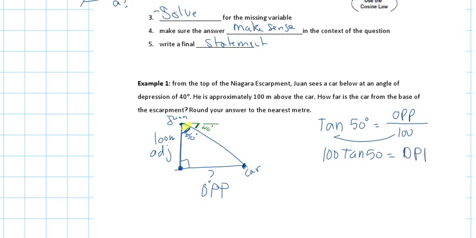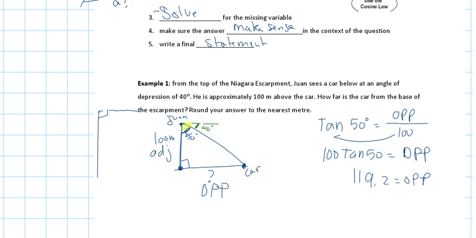Where did we get the 50 from? You see how this is the escarpment and this is the horizontal line? This is a 90 degree angle, because one is horizontal and the other is vertical, so it forms 90.